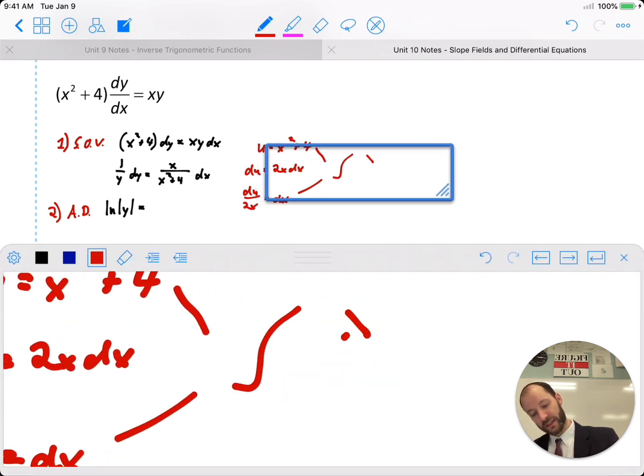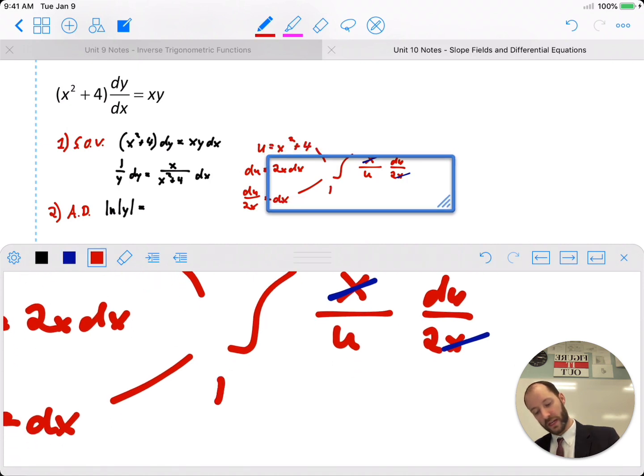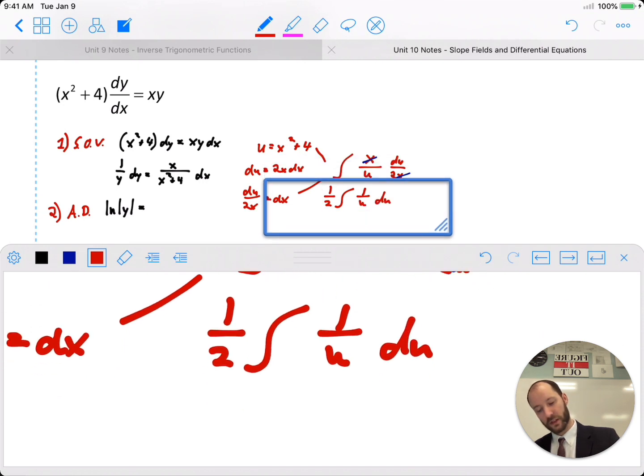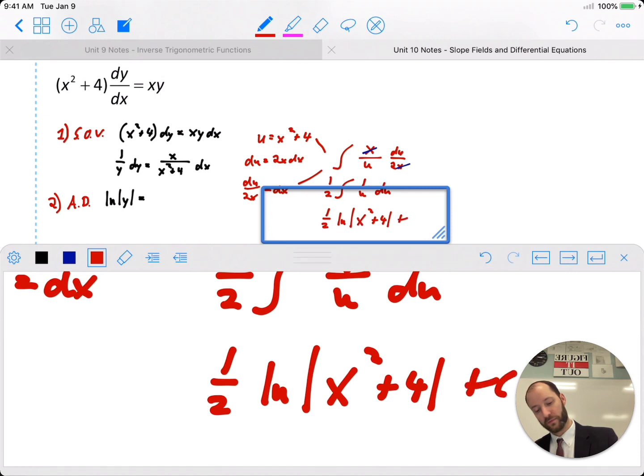So it'd be x over u and du over 2x. The x's would cancel. Pull the 1/2 on the front. Integral of 1 over u du is going to give you 1/2 ln absolute value of u, which is x squared plus 4, and plus c.